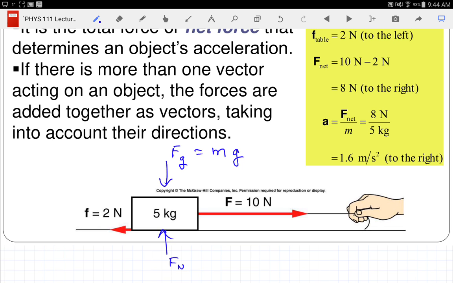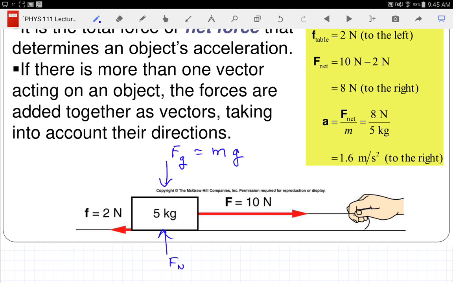Now if we switch to the horizontal, I have a force of 10 newtons to the right and 2 newtons to the left. Now Newton's second law says the sum of the forces, so if I have 10 to the right and 2 to the left, what's the total of those?